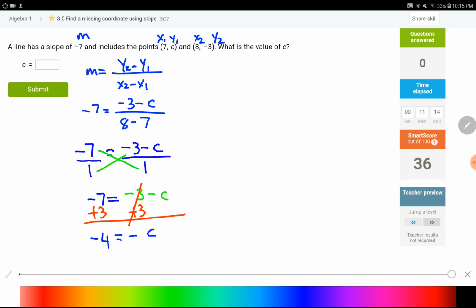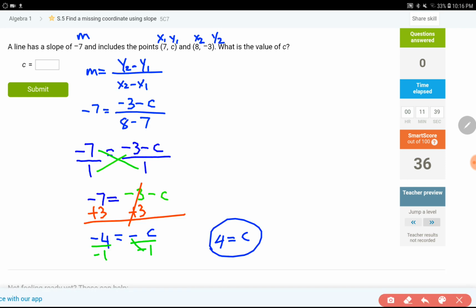To get the c by itself, it is negative c. We need to divide each side by negative 1. So negative 4 over negative 1 equals positive 4. Negative c divided by negative 1 is positive c. So c would be positive 4.